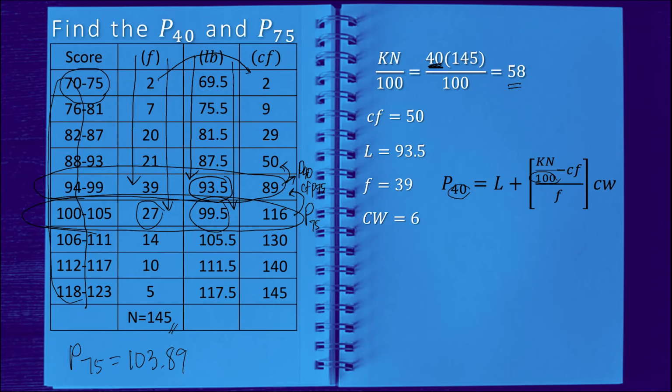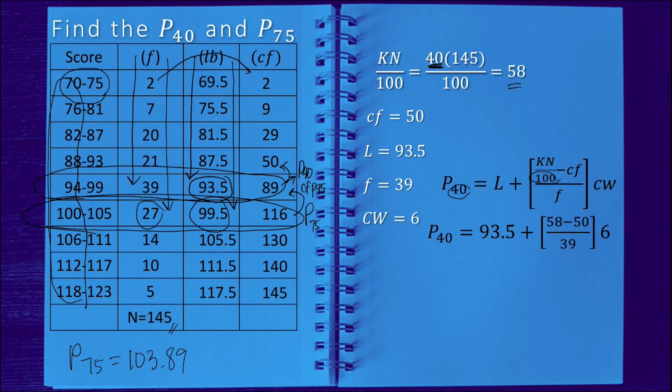After po natin ma-identify lahat ng ito, ang gagawin lang natin is to substitute lahat ng values sa formula. We have 93.5 plus the quantity of 58 minus 50 over 39 times 6.